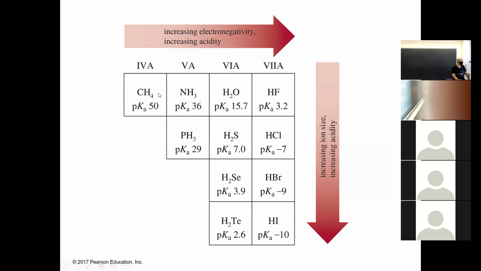As we go across the row from left to right, acidity goes up, and we see a similar trend in the third row and the fourth row. As we go down a column, acidity goes up. So H2S is more acidic than H2O, and H2Se, and then we have H2Te, for example. So going down a column will increase the acidity for a similar series.